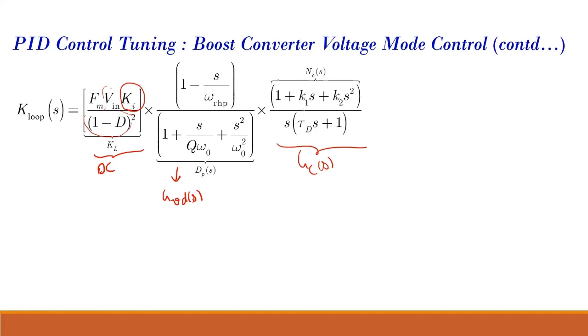So what I want to do is cancel out, I want to make dP of S equal to NC of S. If I make dP of S equal to NC of S, then these two will get cancelled and these two will get cancelled.